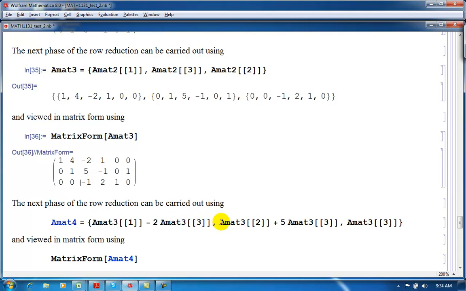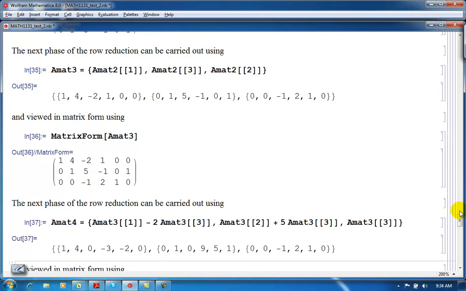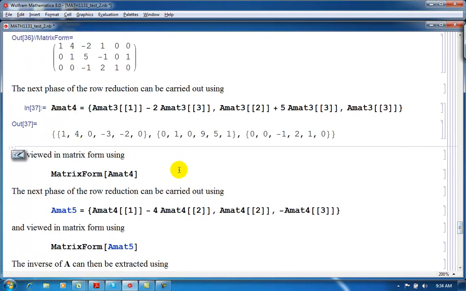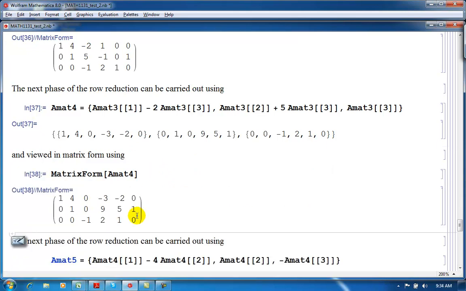That is done with this, and that's the new augmented matrix, and we can see that that indeed has produced zeros here.